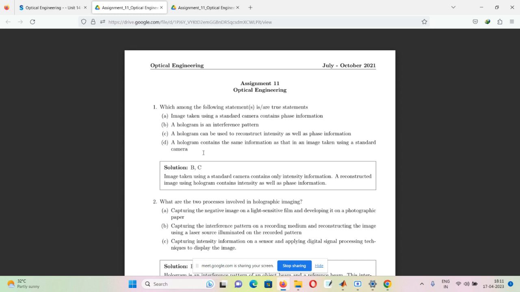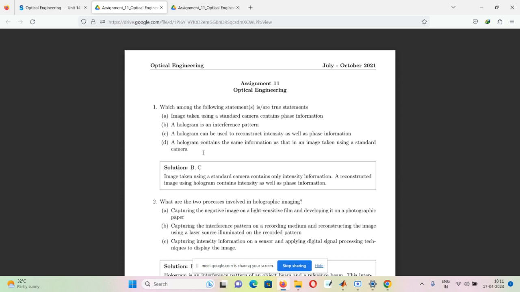All the light coming from one point of an object is focused at the same point on an image plane. That way they construct an image in the case of a normal camera.